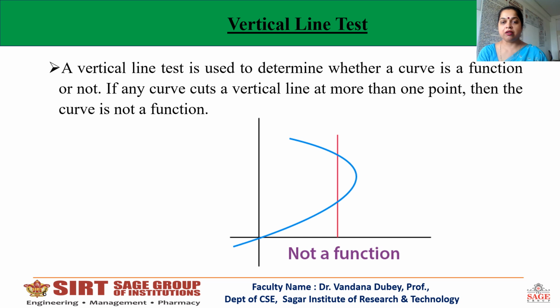Now if this curve cuts the perpendicular line on one of the axes at two points, then this is not a function, because the elements are having two images, or two elements are mapped with one element on the other variable.